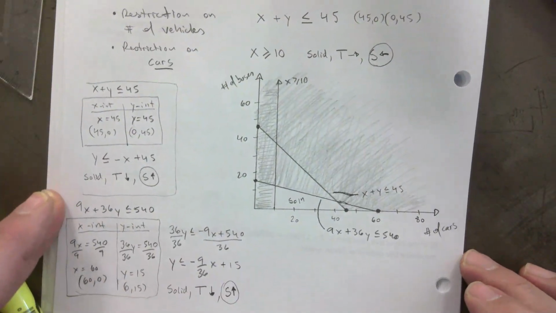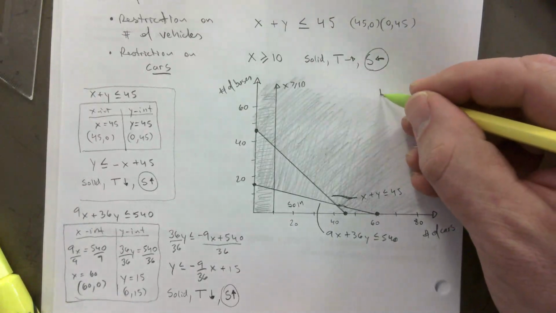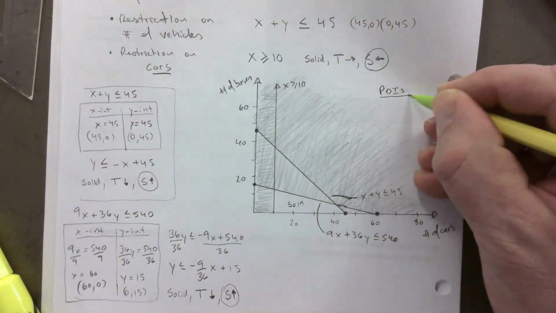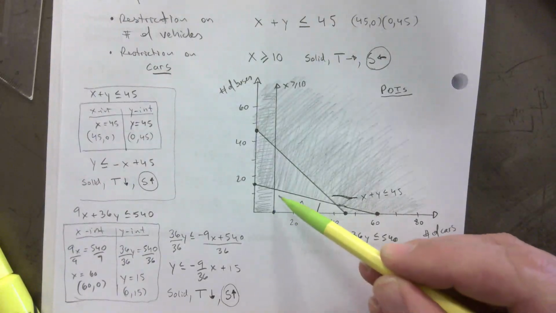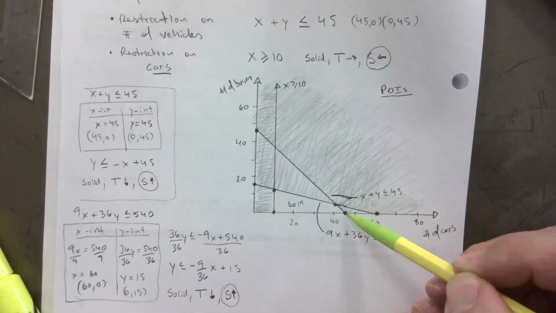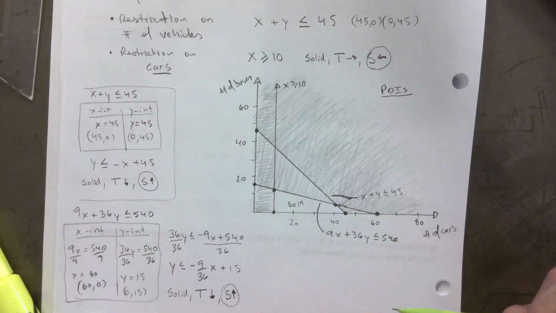Automatically, we're going to figure out what the POIs are. I'm going to write them down here. How many POIs does this have? It has one here, one there, one there, and one there. So there are 4 points surrounding the solution region.